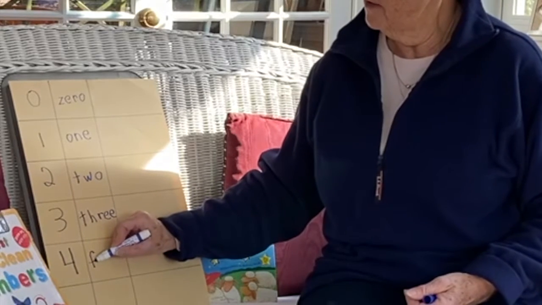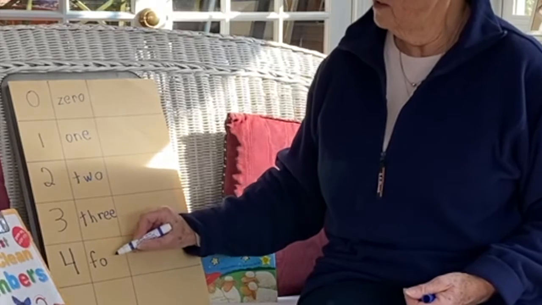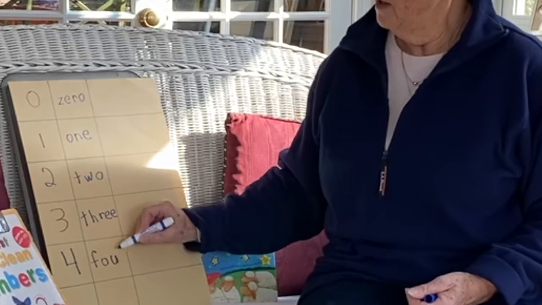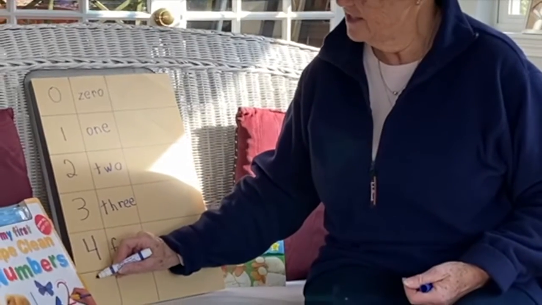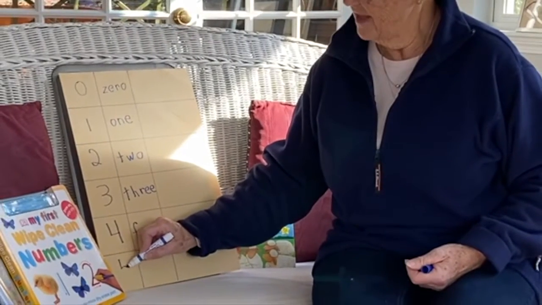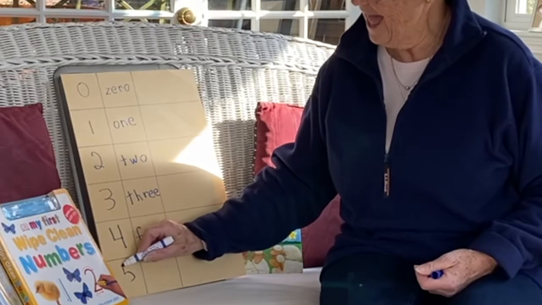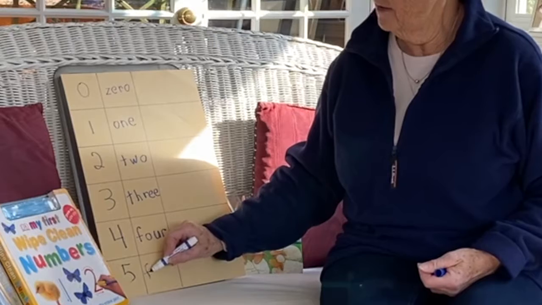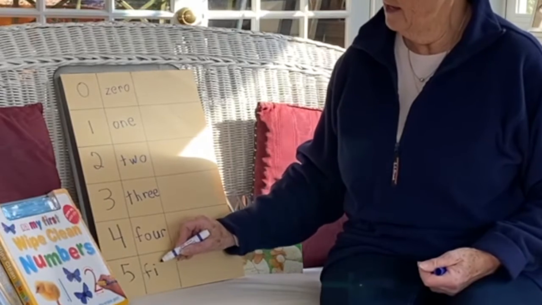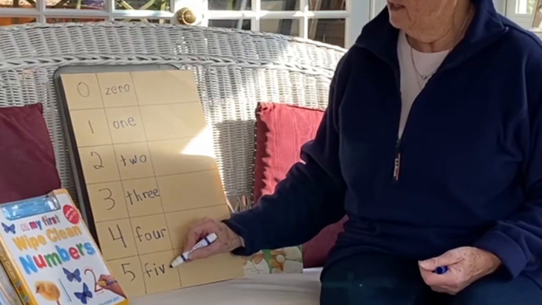F, O, U, R. And this is 5. That's a fun one with a little hat at the top. F, I, V, E.